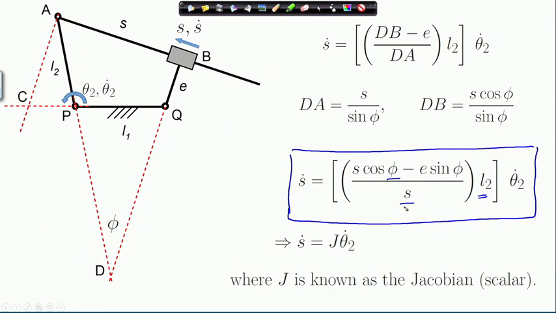S can be determined if we are given the configuration, and similarly phi can also be determined from the configuration. Now, we write this relation in a compact form using the Jacobian, which we have introduced. Here the Jacobian is a scalar once again, it is a number. So, given S and phi, you can determine the value of the Jacobian.